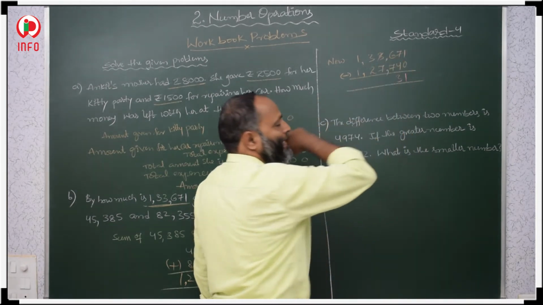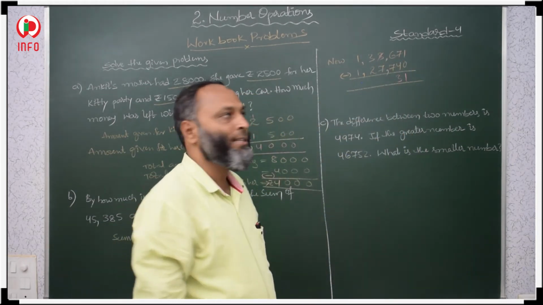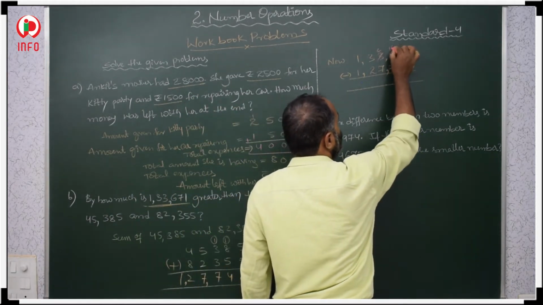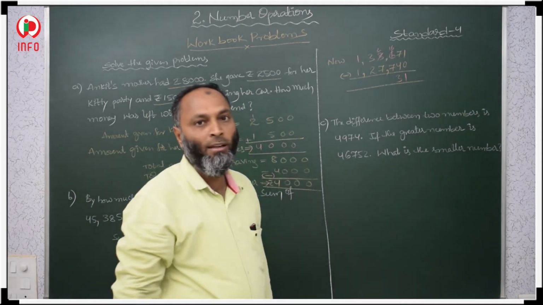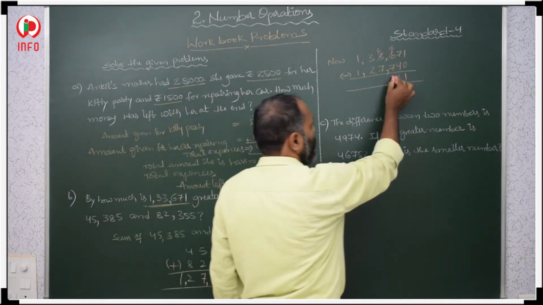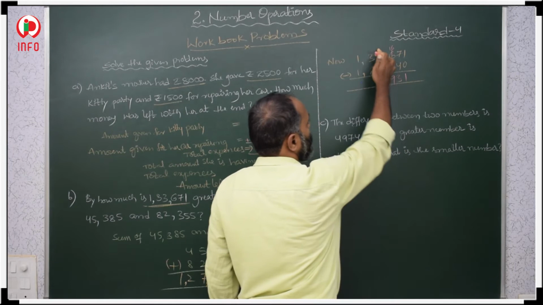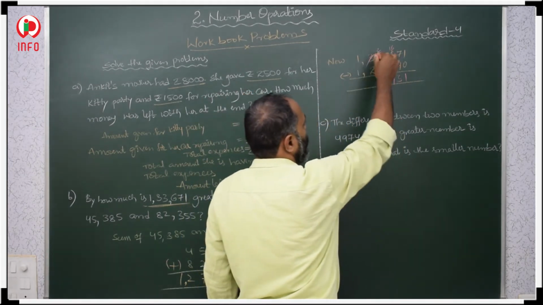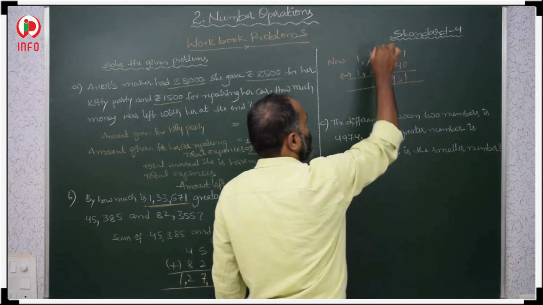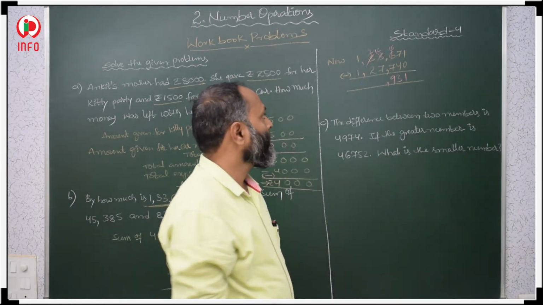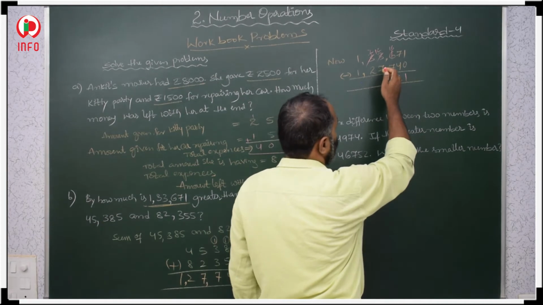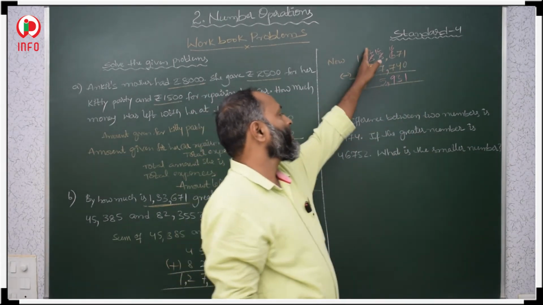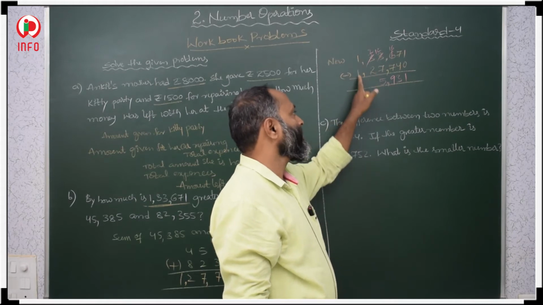Then 6 is a lesser number, so take borrow; it decreases by 1 and becomes 16. 16 minus 7 is 9. 2 is a lesser number, again take borrow from the next. It will decrease by 1 and become 12. 12 minus 7 is 5. Then 2 minus 2 is 0, 1 minus 1 is 0.